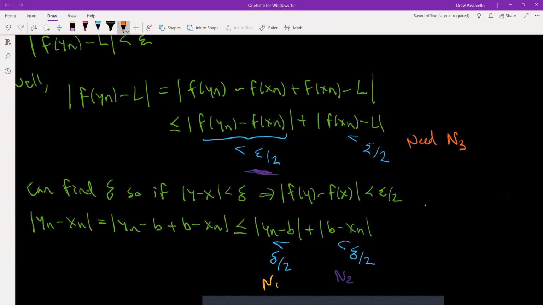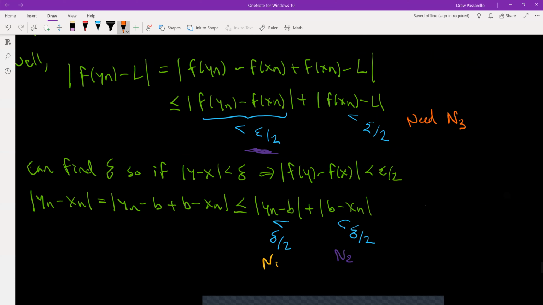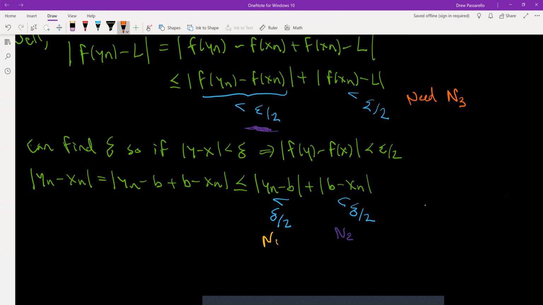Let's call it N3, so that we have f of xn minus L less than epsilon over 2. So these n1 and n2 correspond so that we have f of yn minus f of xn to be less than epsilon over 2. And we need a third value, n3, to correspond with having f of xn minus L less than epsilon over 2.